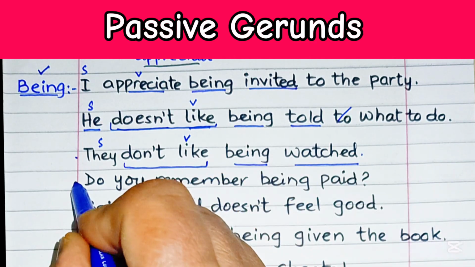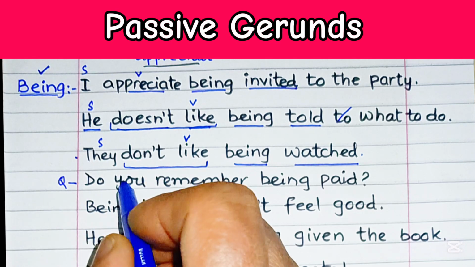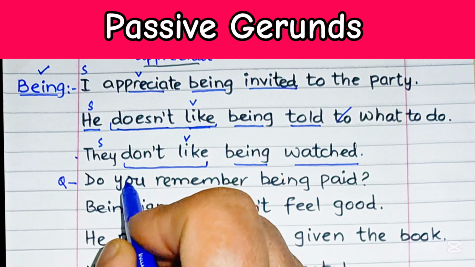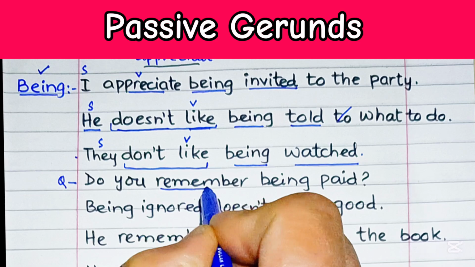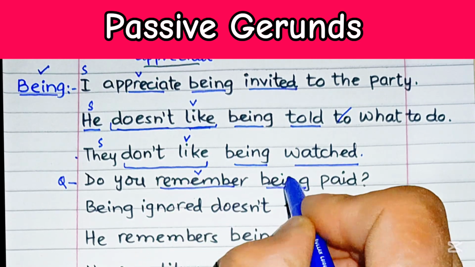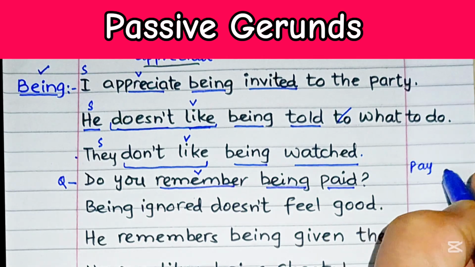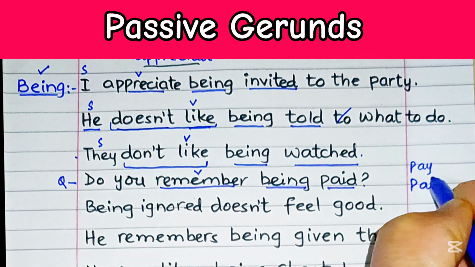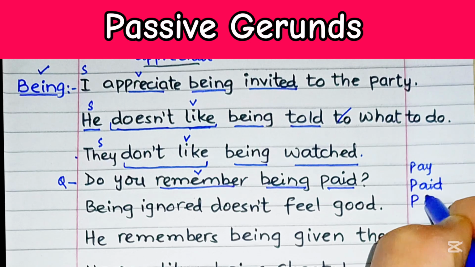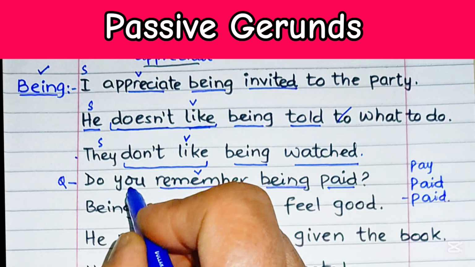So this is a question using passive gerunds. Do you remember, this is the verb, and then being, and then the past participle of pay. We know that pay is the simple form, paid is the past tense, and paid is the past participle which is being used over here.